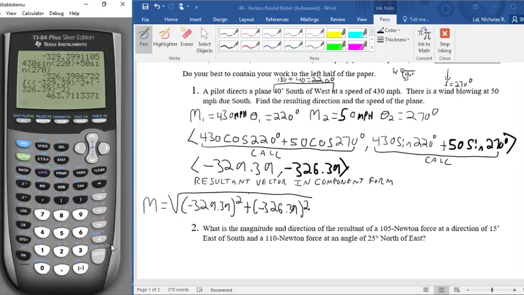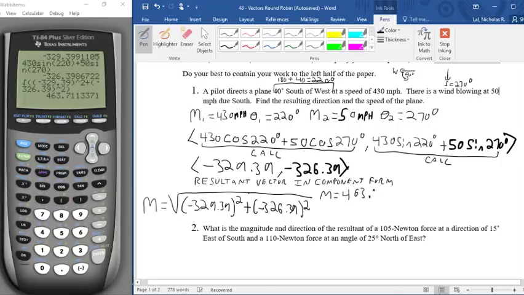That should give us a magnitude equal to 463.71. So our magnitude is equal to 463.71 miles per hour, which is the speed of the plane.